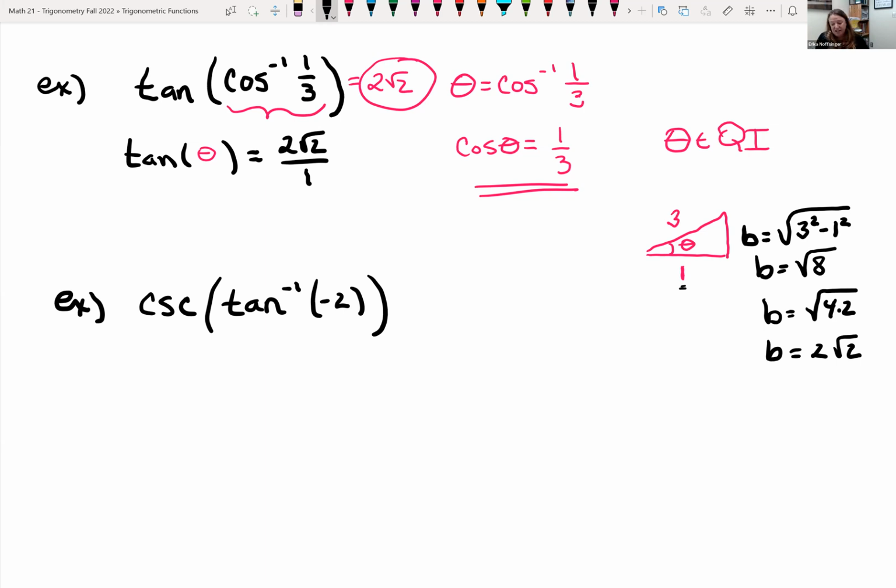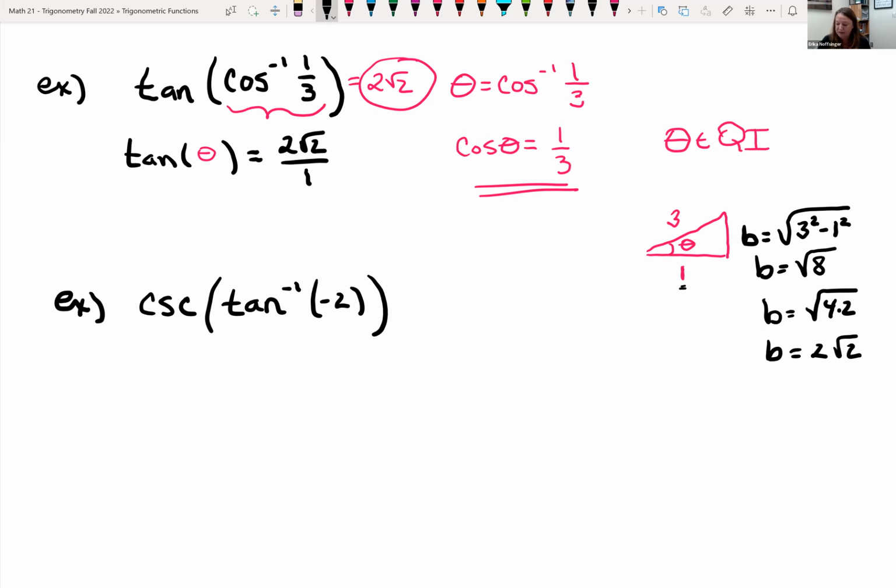So I have tangent inverse of -2. So I know that the tangent of my angle is giving me a negative value. And tangent inverse has to be between negative pi halves and pi halves. And so I know that this is going to be between negative pi halves and 0.